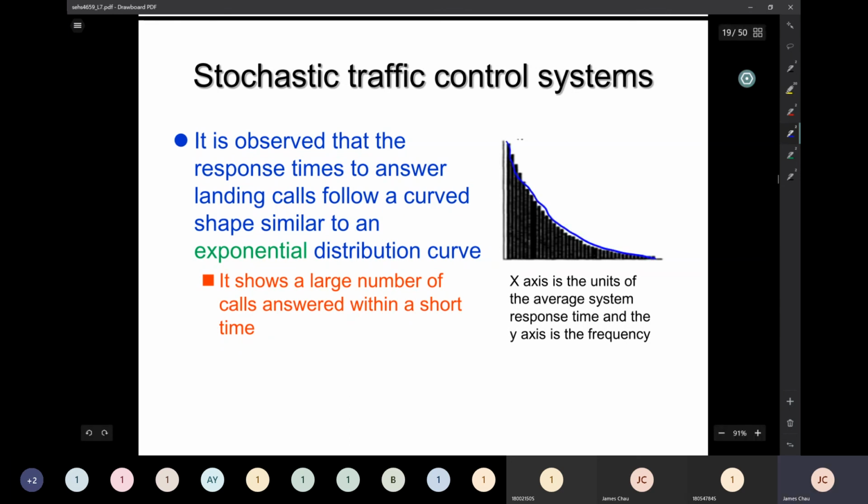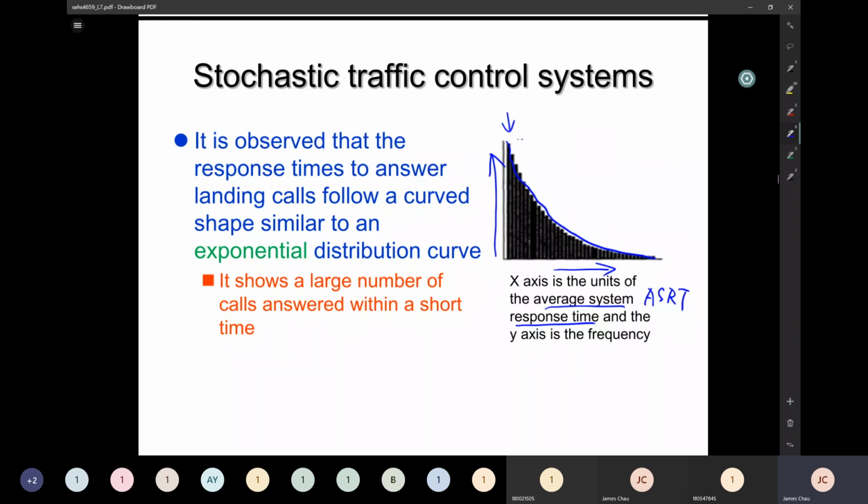In this graph, the x-axis means the average system response time, ASRT, and y means the frequency of the call service. You can find that this system targets to serve the car call within a short time, because the frequency for the short system response time is highest.